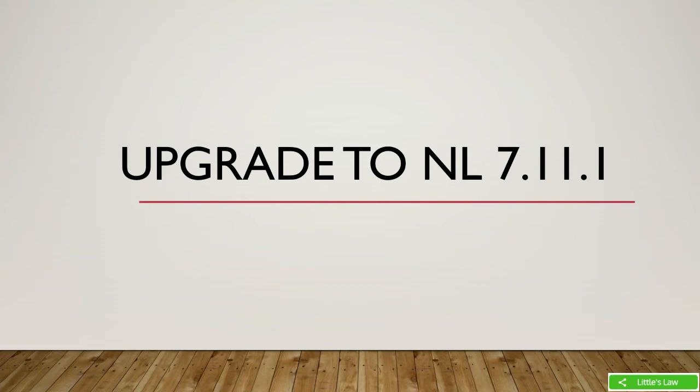Let us first see what is an upgrade of Neoload. When it comes to upgrading, we upgrade the Neoload with a major version, say for example from 1 to 2. And if it is a minor version, it will be from 1.1 to 1.2.